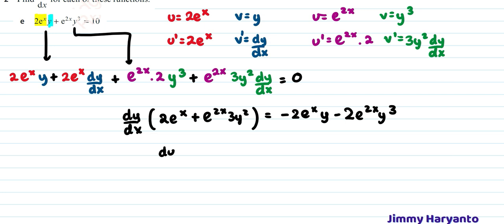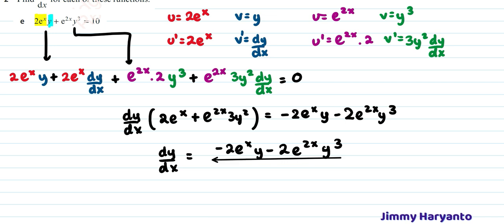And then next is to divide, so negative 2e^x y minus 2e^(2x) y cube, oh my god, that's so confusing, over 2e^x plus e^(2x) 3y squared.